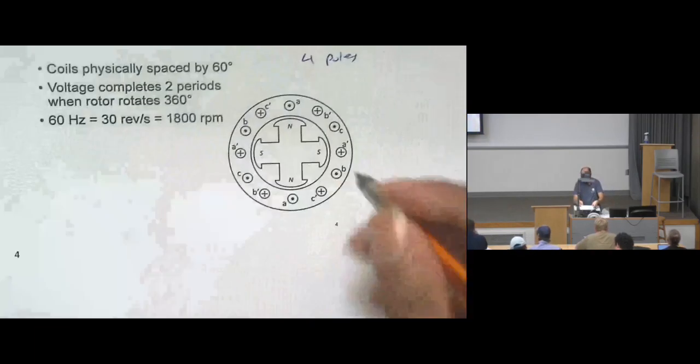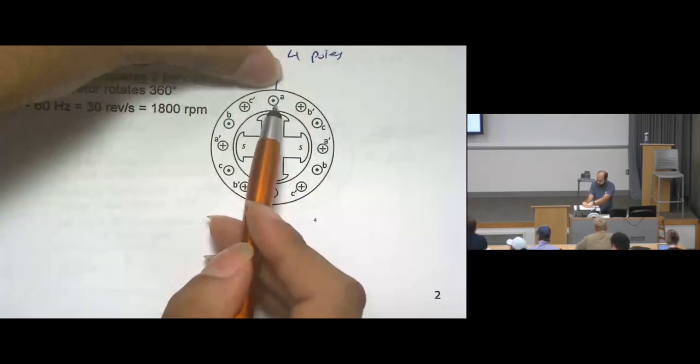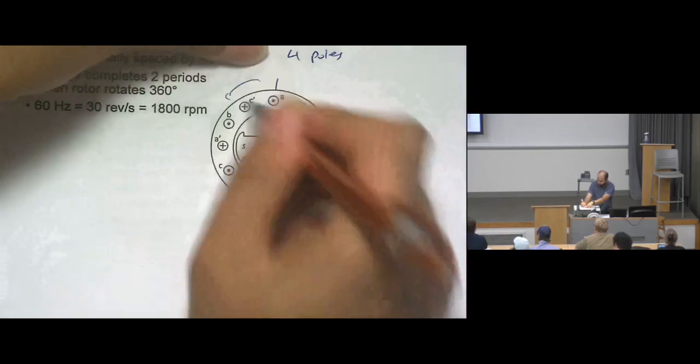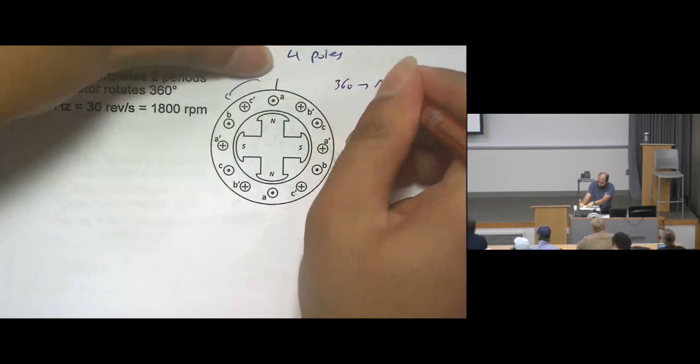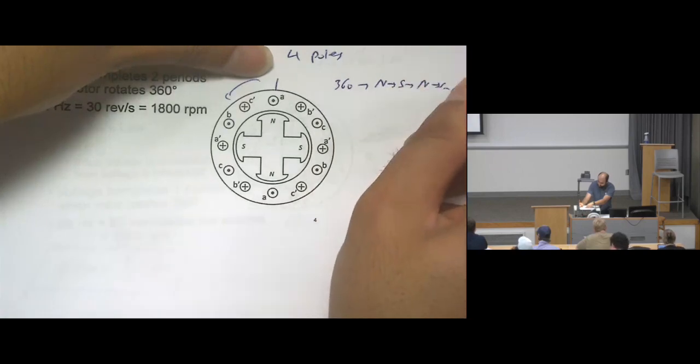While here, if I want to go 360 degrees, I will go from north, south, north, south, to north. In 360 degrees, I'm taking north to south to north to south to north.